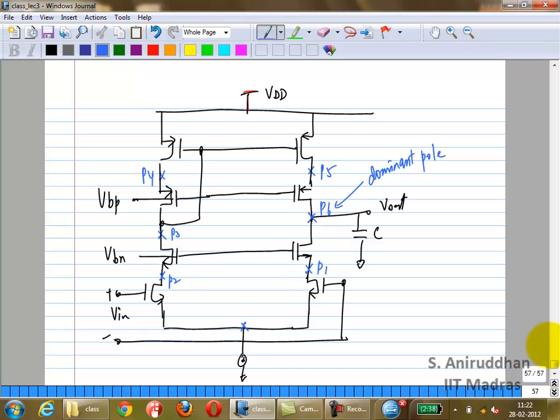So what can you tell me about the relative positions? Out of these 5, P1 to P5, which is going to be important and why? P3, why? Similar to the earlier case, you're going to have a large capacitance, which is the gate source capacitance.